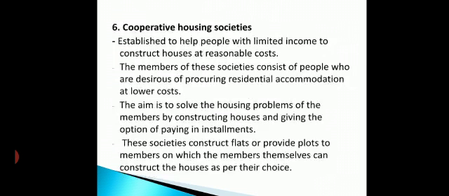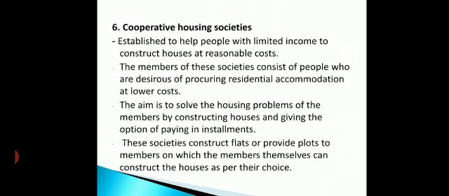Now cooperative housing societies make that difficulty very easy for those who want to have their own house. So these societies are established to help people with limited income to construct houses at reasonable cost. The members consist of people who are desirous of procuring residential accommodation at lower cost.